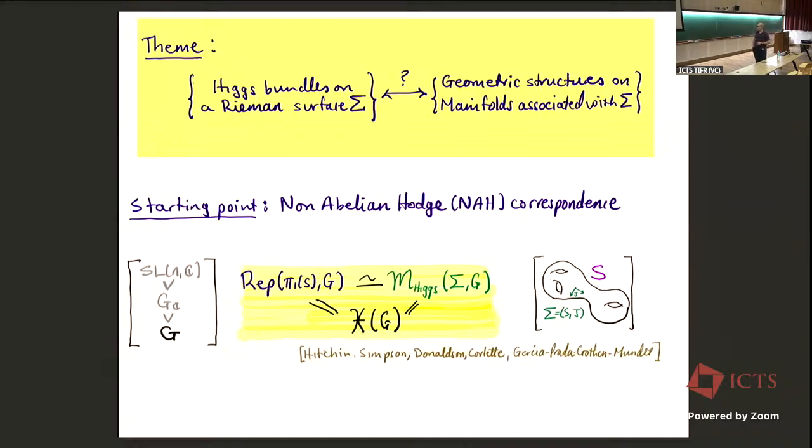And then the other moduli space is the moduli space of G-Higgs bundles on the surface, and we'll unwrap as we go along exactly what that means. The non-abelian Hodge correspondence says that these two spaces, obtained in very different ways, are homeomorphic. So when I want to talk about either one of them or both of them, I'll just use χ(G) to represent either one.